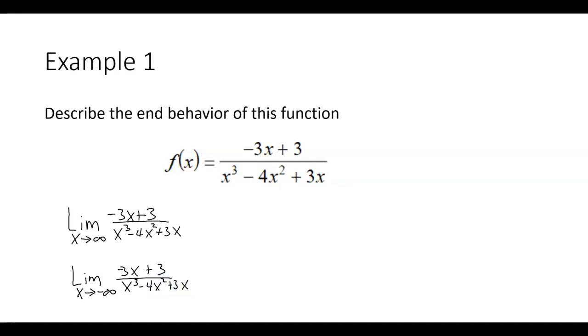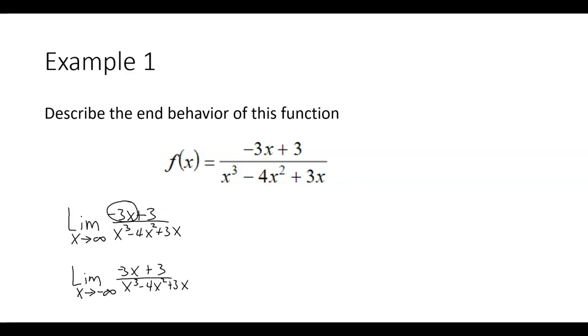All right. So let's go ahead and start off with the top one. Now, something that we talked about back in Unit 6 was that when you're dealing with polynomials at infinity, the only term that really matters is the first term. So I really only care about the first term on the top and the first term on the bottom. Those are the ones that will ultimately determine what happens at the end of the function.